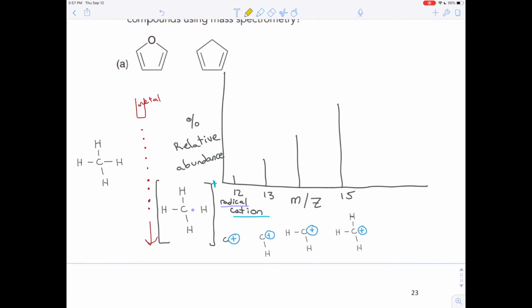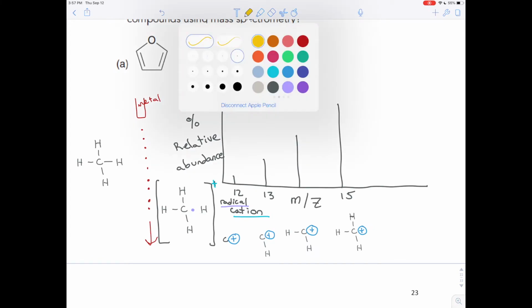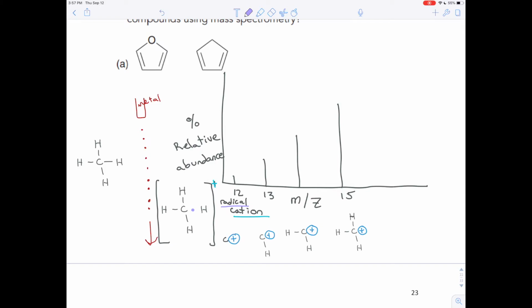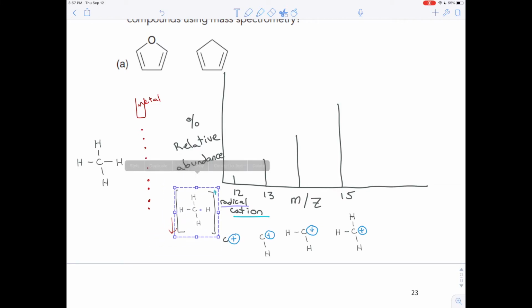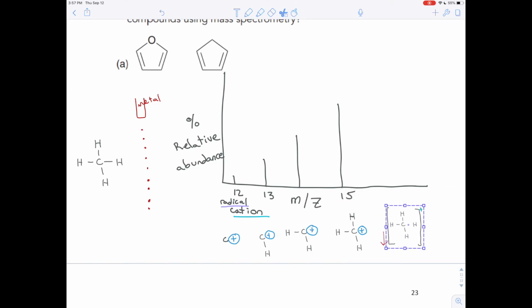So that'll go through, that'll create another peak. You would have that radical cation and that would have the same mass of the molecule. That here would be 16.